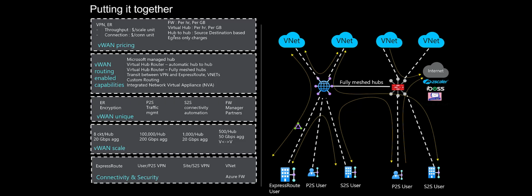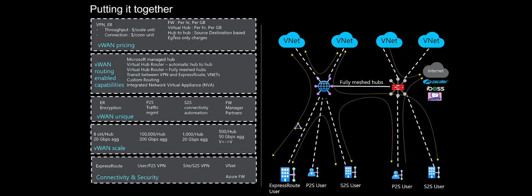a single hub. And then the transitive routing capability all through that managed virtual hub router is truly unique. You don't have to worry about managing a specific network virtual appliance behind the scenes. That router is managed for you by Microsoft. All of your hubs are automatically integrated.